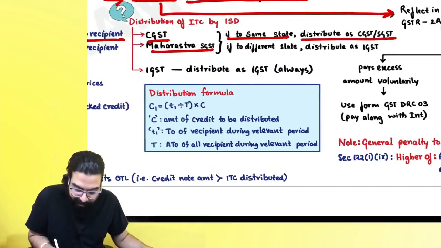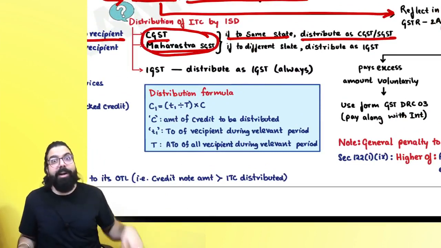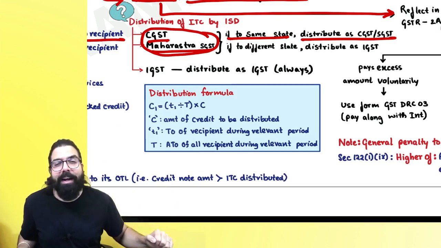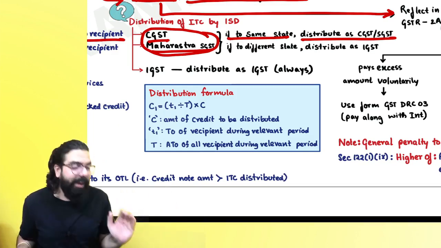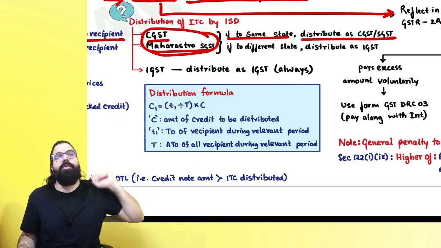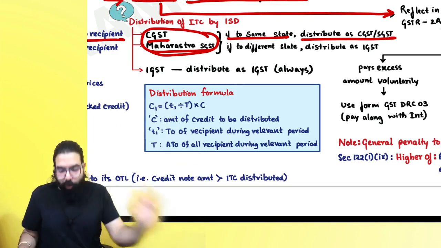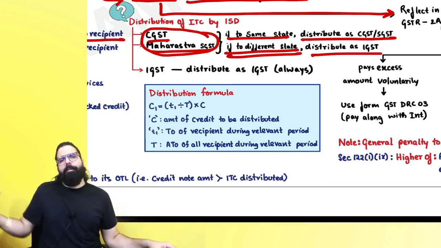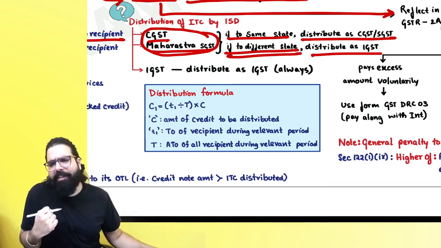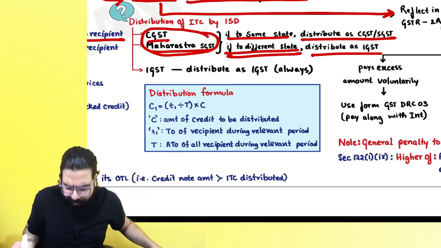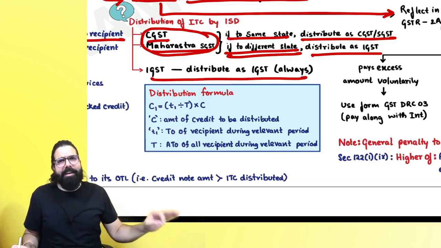But, sir, if CGST, SGST has to be distributed to a different branch which is in a different state, how will they take the credit of Maharashtra SGST? And hence, they are telling that CGST and SGST will be clubbed and will be distributed as IGST to a recipient who is in a different state. And sir, supposing the input tax credit is IGST, then how to distribute? IGST will be distributed within the same state or different state always as IGST.